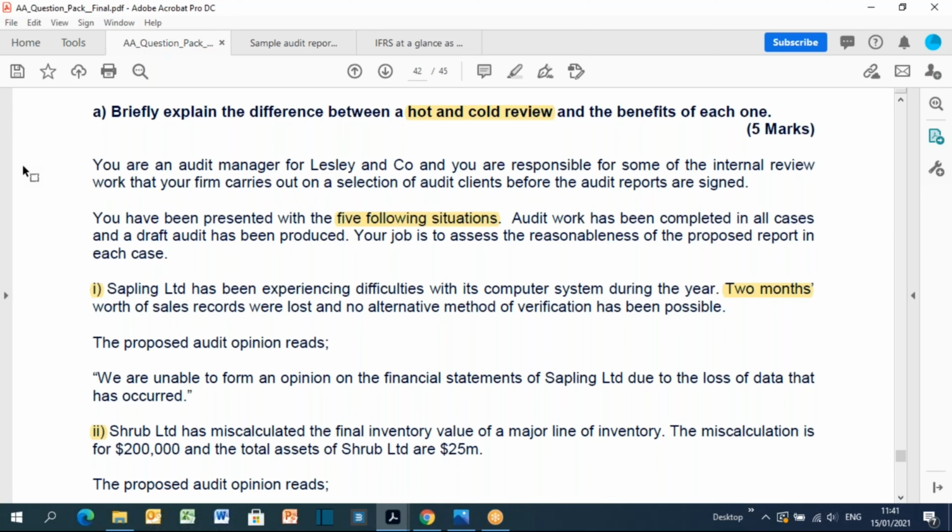Now, a cold review is a review that takes place after the audit report is signed, and the advantage of this is that only after the report is signed can you actually see how the audit took place, how the supervision, direction, and all the quality control and ethical issues were handled. You can review everything, but you can do that only after the report was signed. So these are the benefits of both of these.